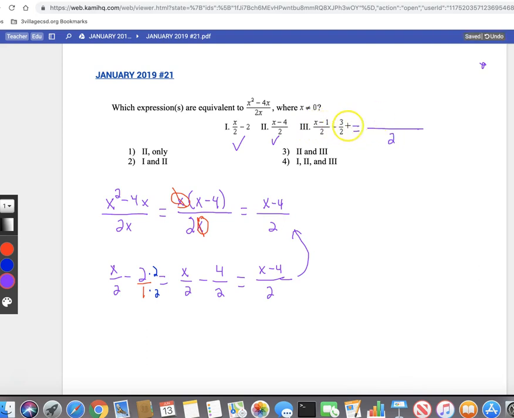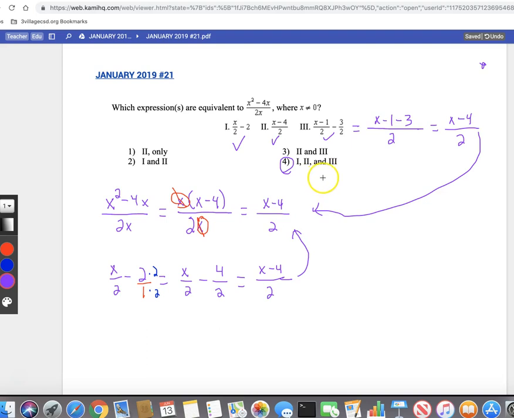If we subtract the numerators, we have x minus 1 in the first numerator, and we need to subtract the second fraction's numerator of 3. If we perform that subtraction, x minus 1 minus 3 just becomes x minus 4. Once again, that is equivalent to our expression, and thus choice 4 is our answer to this problem.